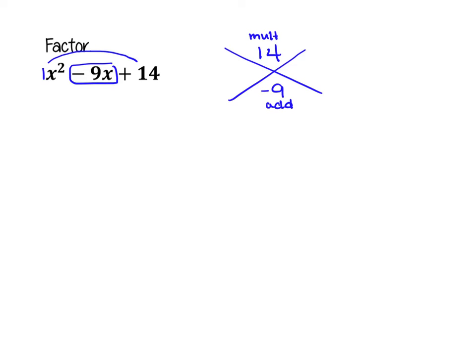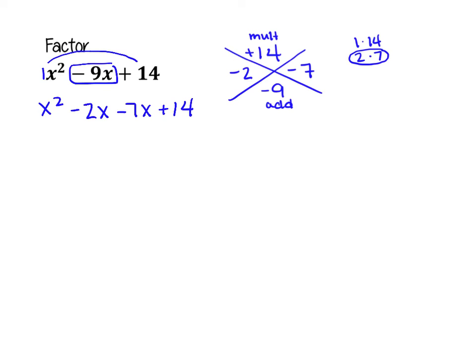So what two numbers multiply to 14 and add to negative 9? Well, it's not 1 and 14, so it must be 2 and 7. To multiply to a positive but add to a negative, they must both be negative. So I can rewrite this as x squared minus 2x minus 7x plus 14.